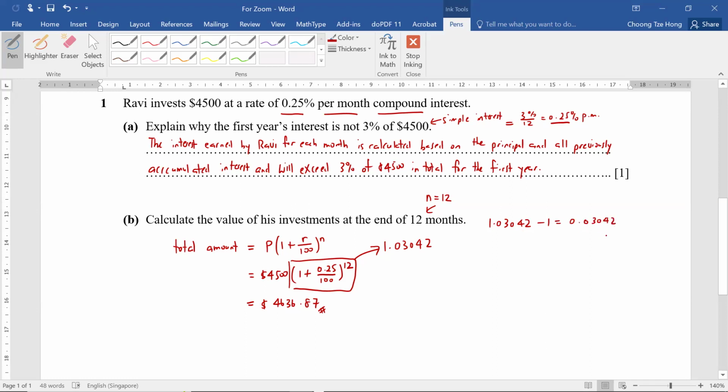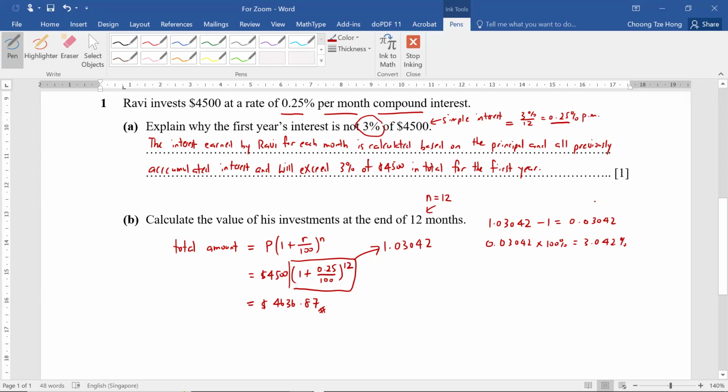If you convert this to percentage, 0.03042 times 100%, it will be 3.042%. So you can see, for simple interest it's just 3% per year, but based on compounding you get a total interest of 3.042% per year. That's why you will end up with slightly more interest at the end of 1 year by doing compounding.